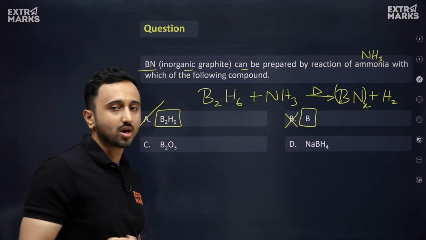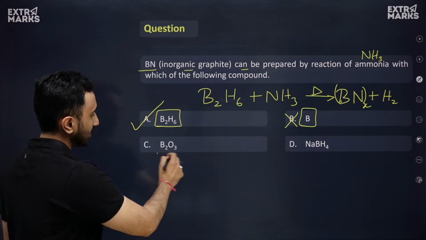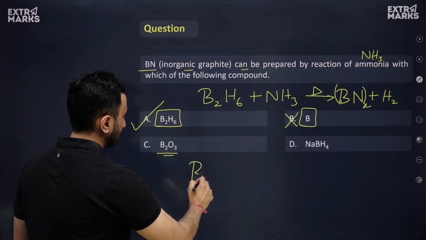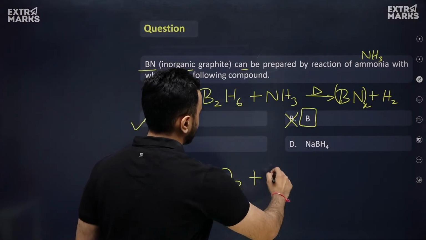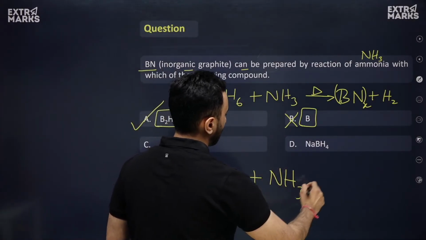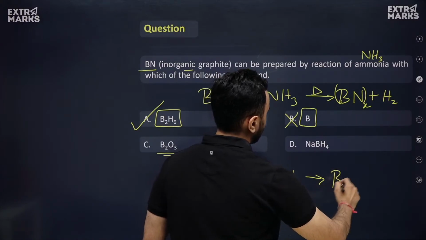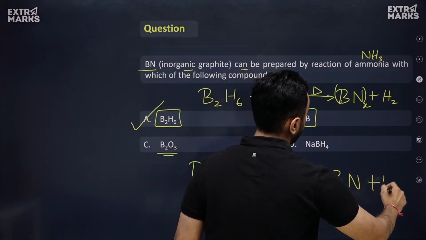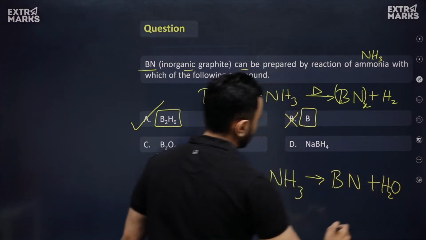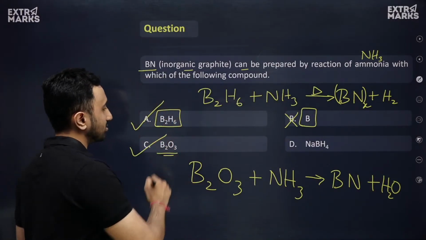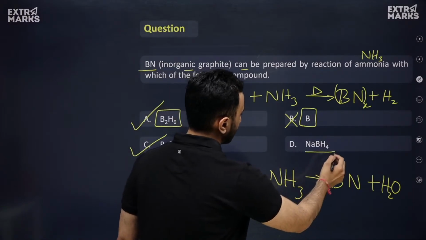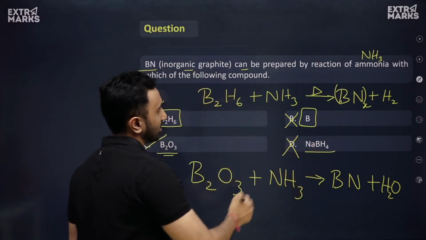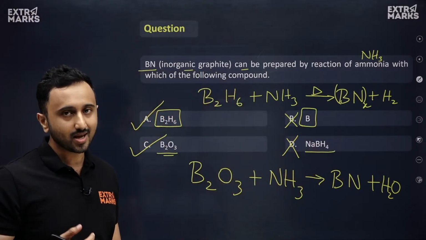Okay, what about B2O3? Now B2O3 will also react with ammonia, NH3 gas, to form BN as well as H2O. So again, this will be included in our answer. Okay, what about NaBH4? No, NaBH4 does not react with ammonia to form BN.